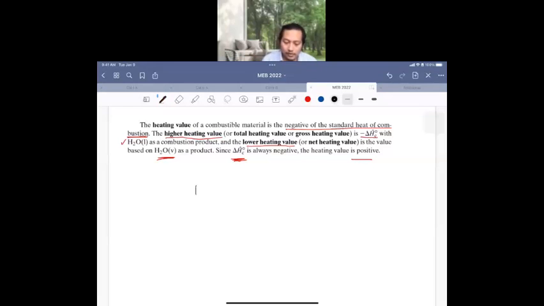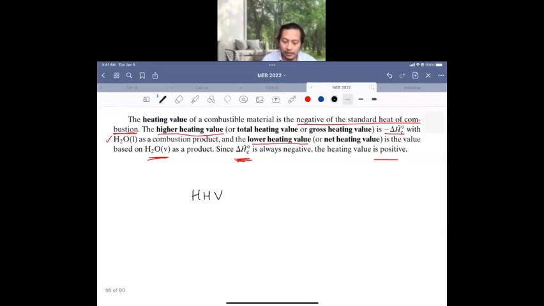If we look at the overview, the higher heating value is the lower heating value plus the change in heat for water at 25 degrees Celsius. And usually the heat of vaporization of water is around 44.013 kilojoule per mole.